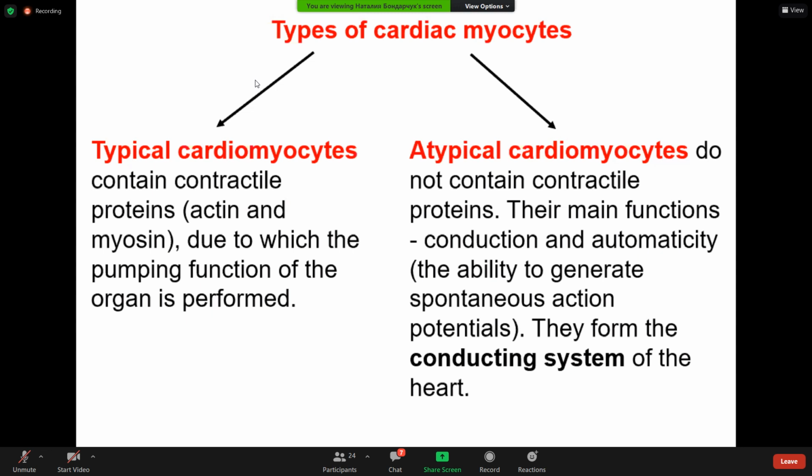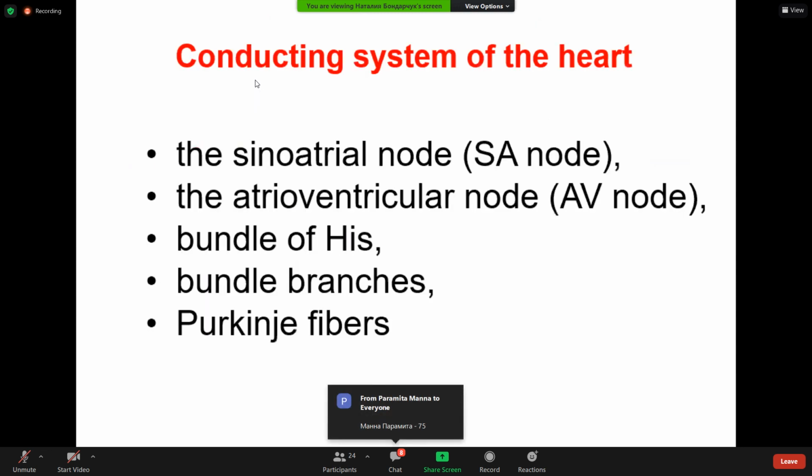These cells do not contain contractile proteins. Their main functions are conduction and automaticity, the ability to generate spontaneous action potentials. They form the conducting tissue of the heart. So abnormalities in the function of the conducting tissue lead to the origin of arrhythmias.